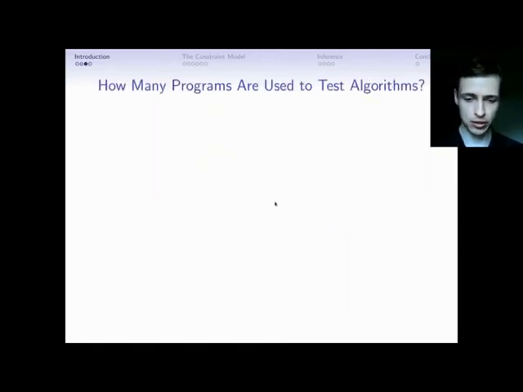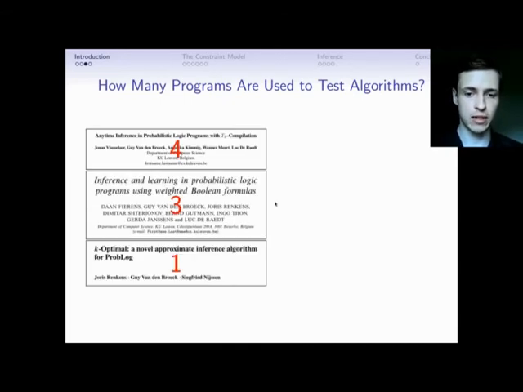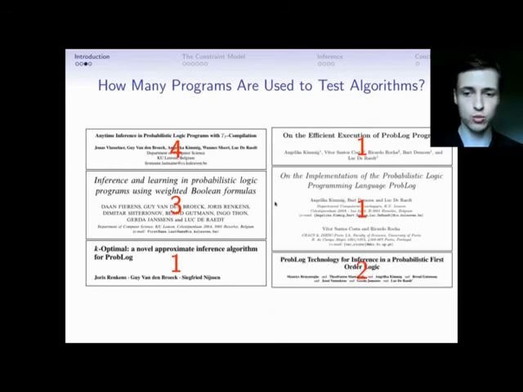A lot of inference algorithms have been proposed, but whenever a new algorithm is proposed for inference in probabilistic logic programs, it's typically only compared to other algorithms based on a couple of programs, often just one program with slight variations in between experiments. So this work is supposed to fill this gap and allow people working on inference algorithms to test their algorithms on a wider range of problems.